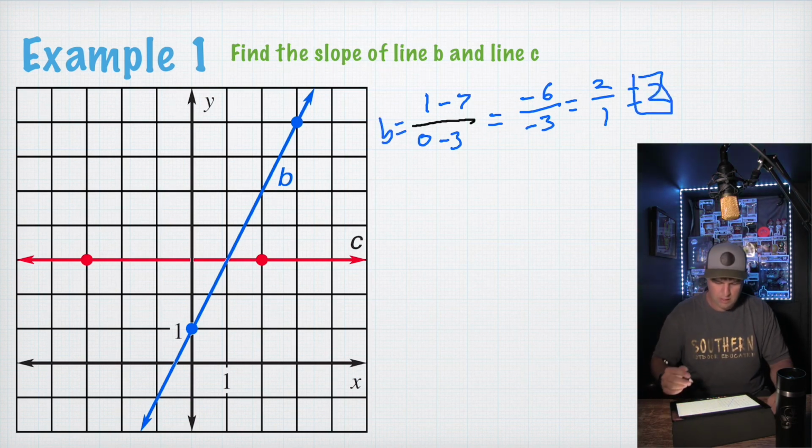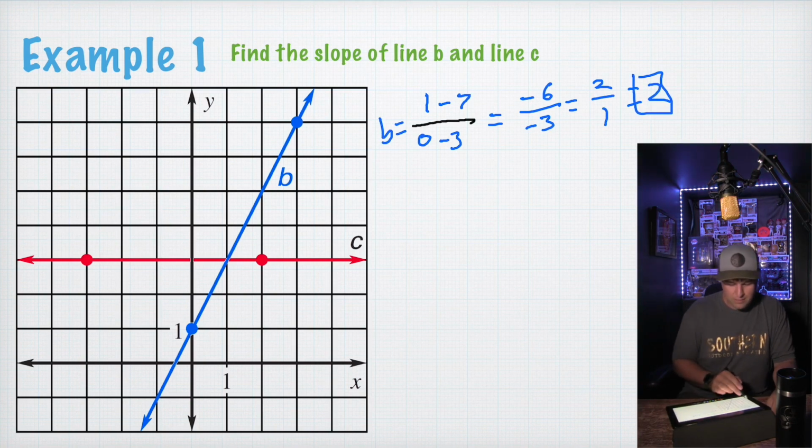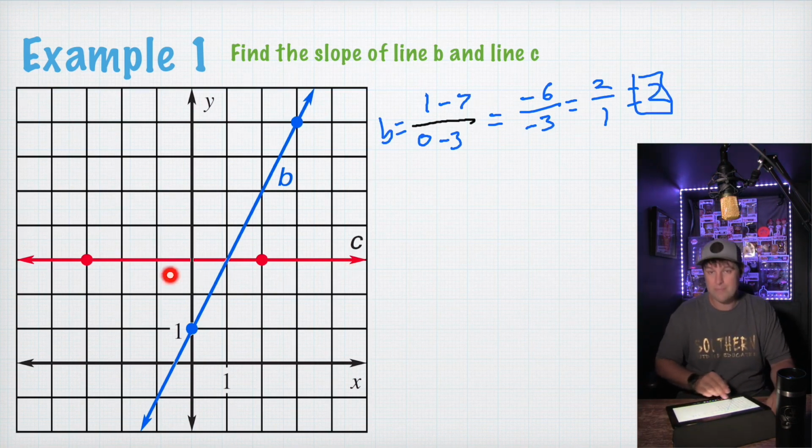Okay. Then let's do C. You could tell just looking at C, I'm just going to say it, C is 0 slope because it's flat. I guess we could do the work just real quick.